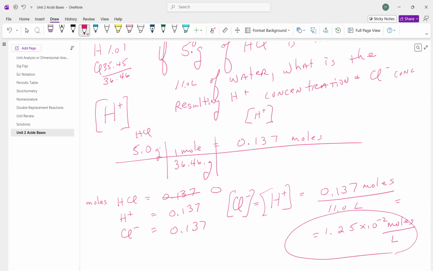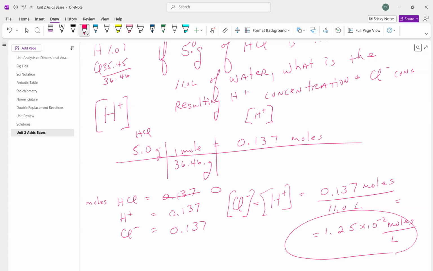So tomorrow we're going to talk about pH. You're going to be using the log function on your calculator. When I first went to college, I was a math major, so math came very easily for me. And when I taught math in high school, I just said a logarithm is simply an exponent.